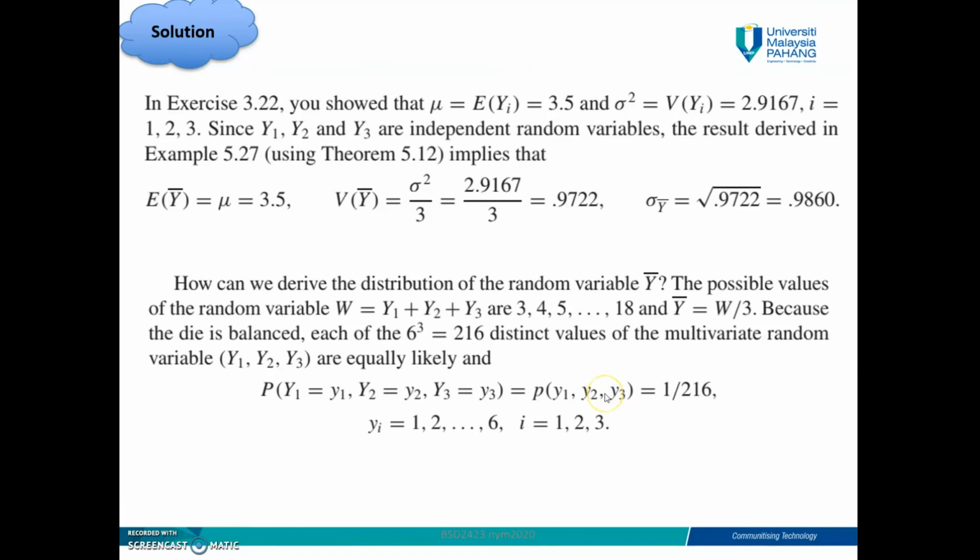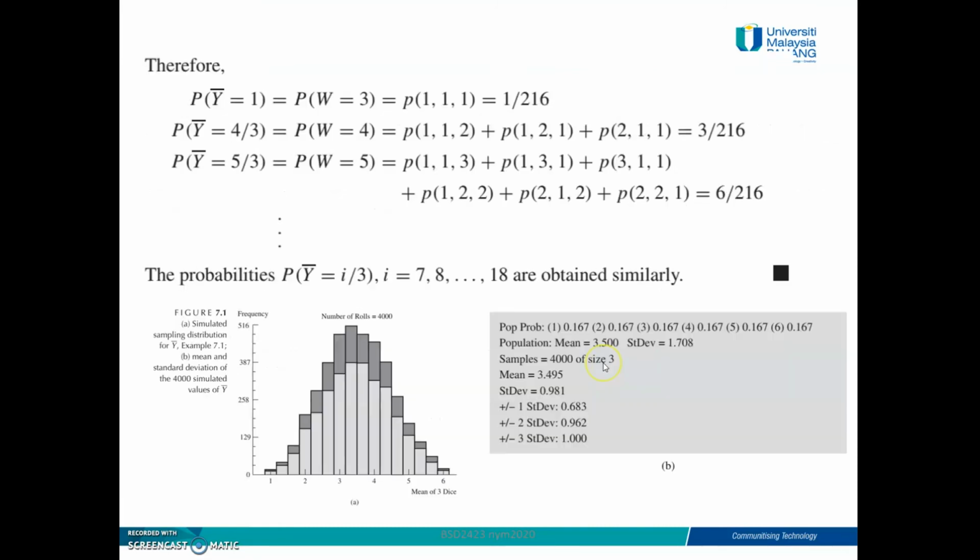Each possible outcome, equally likely, will be 1 over 216. Your yi is 1, 2 until 6, and i from 1 to 3 as well. That means each die has 6 outcomes. So how many tosses have you done? 3. That's why you have 1 until 6, 3 times.